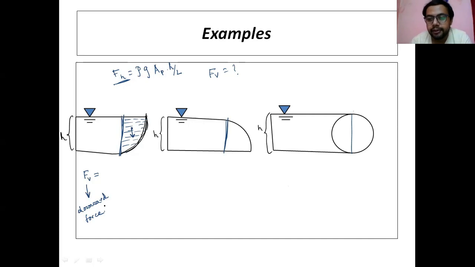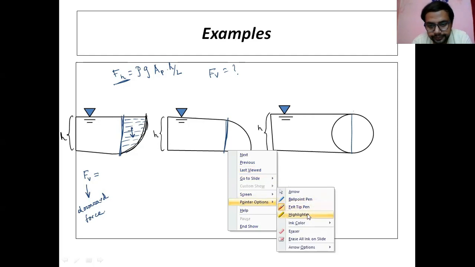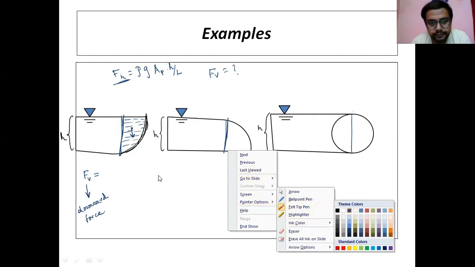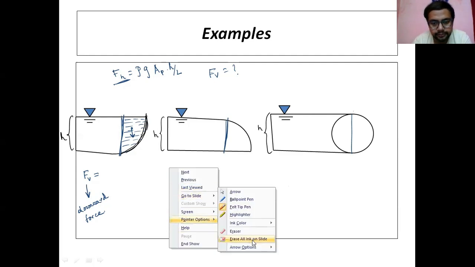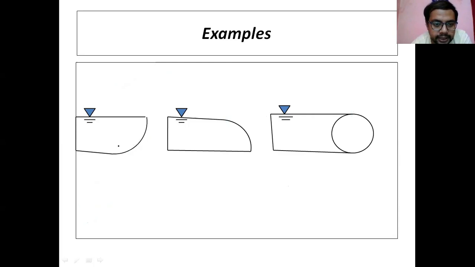If you think in a different manner, it will be clear. Over the surface, due to the pressure, the force is acting in this way. These are non-parallel forces. So the net force is inclined towards downward, and the net vertical force acting here will also be vertically downward. Easy to understand.